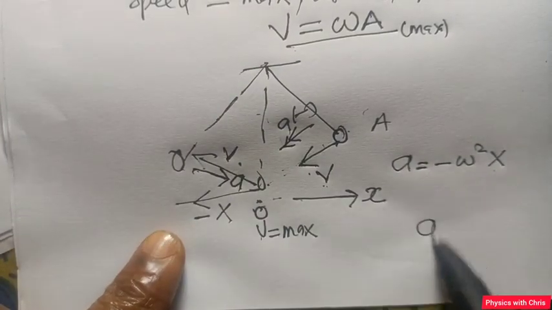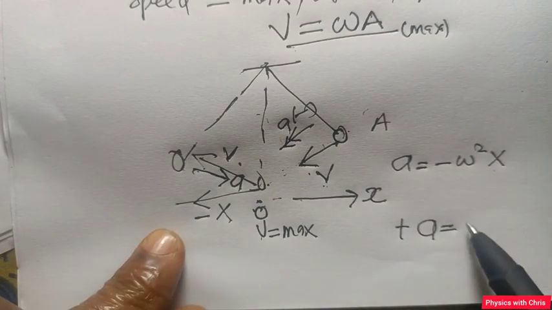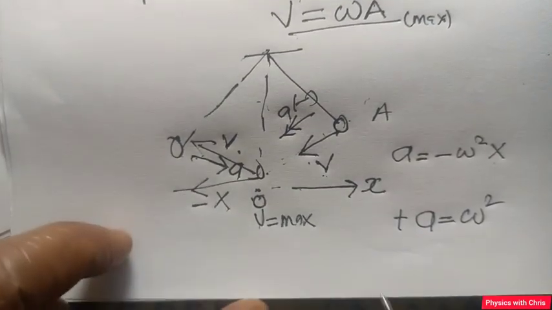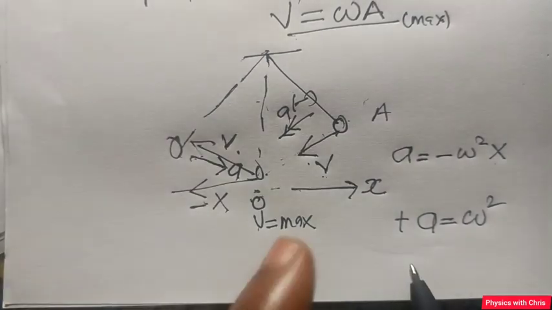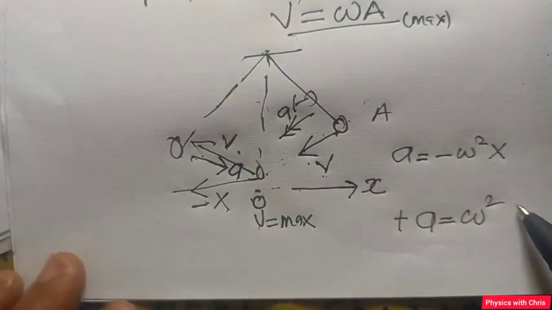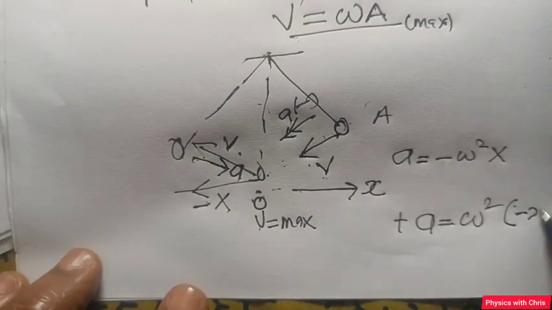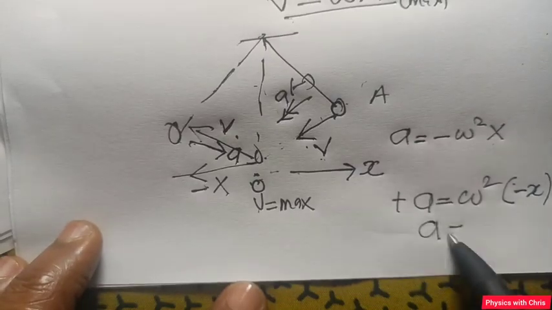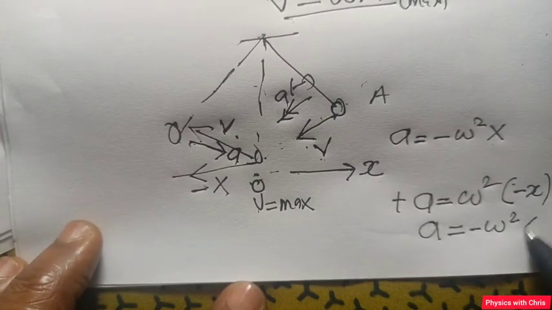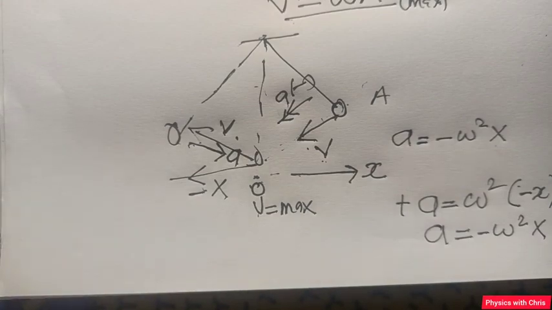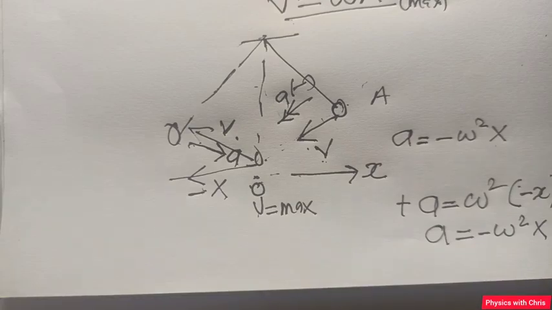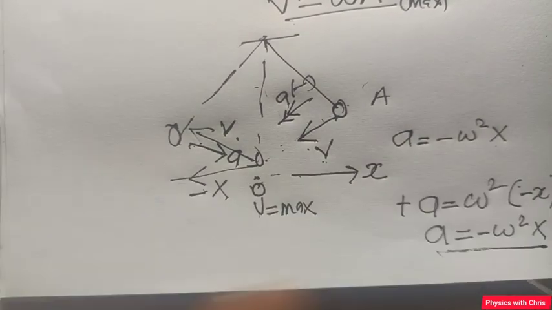A is given a positive sign, equal to omega squared times displacement. You can see that my displacement is negative because the ball has crossed to this side of the center of oscillation. That gives you minus x. Okay, the equation still remains minus omega squared x. So in any direction, you always see that A and x are related by this equation. There's always a negative sign here to show that the direction of acceleration is opposite to the direction of displacement.